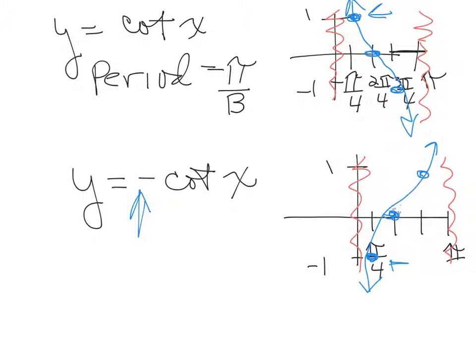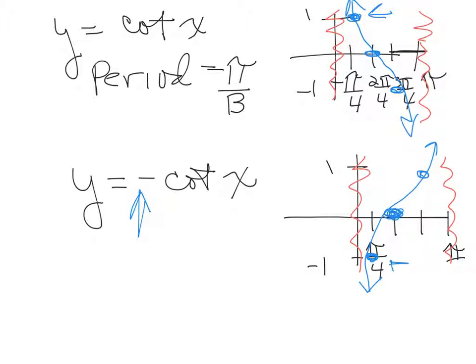When it's 0, 1 or negative 1 times 0 is still 0. That does not change. When your y value was negative 1, multiplied by negative 1, it's now positive 1. So you have just reflected vertically your original function over the x-axis. So that should be pretty straightforward.